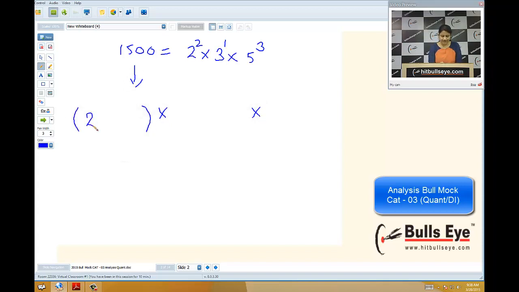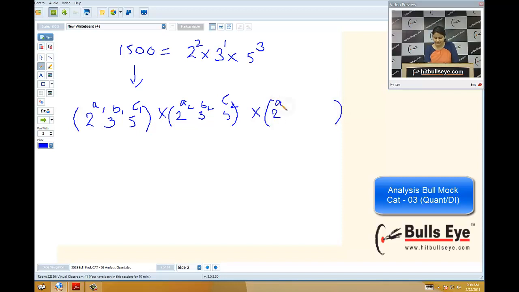suppose my integers are say 2 raised to power a1 into 3 raised to power b1 into 5 raised to power c1. Similarly, 2 raised to power a2, 3 raised to power b2, and 5 raised to power c2. Similarly, let my third integer be 2 raised to power a3, 3 raised to power b3, 5 raised to power c3. Now the product should be 1500.